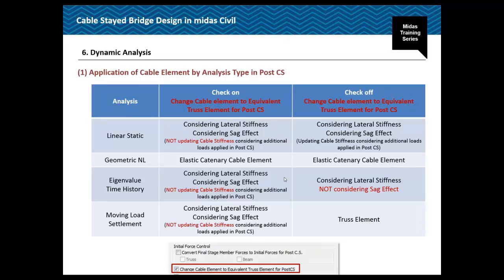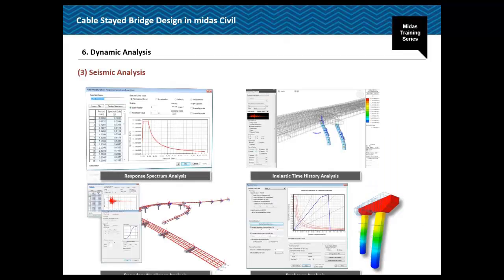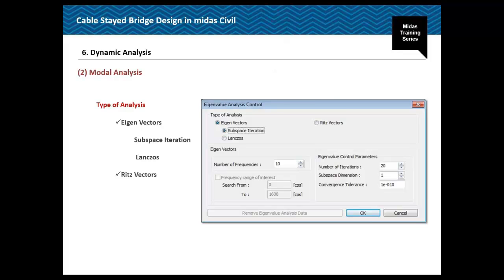Depending on this, different types of elements will be applied. And also we can consider the seismic analysis for this cable stayed bridge, response spectrum or inelastic time history, boundary nonlinear, those dynamic analyses. So the type of element is the same here. So depending on the option here, different types of elements will be applied.